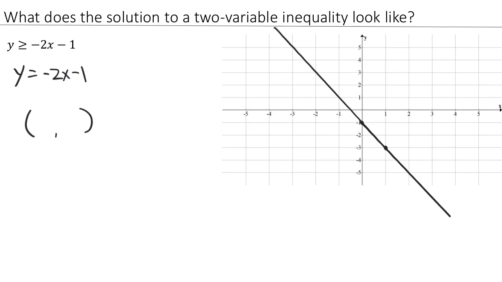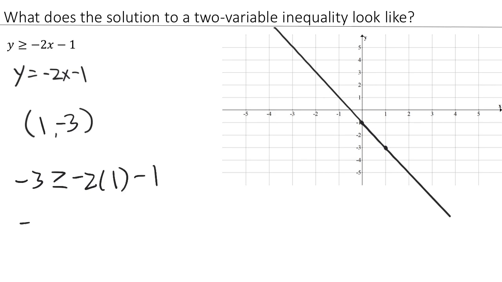Well, let's test one. Let's take this point here, that would be 1, comma, negative 3, and see if these values satisfy our inequality. So we need to plug in negative 3 for y and positive 1 for x.